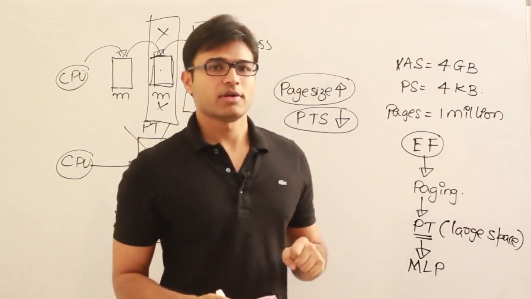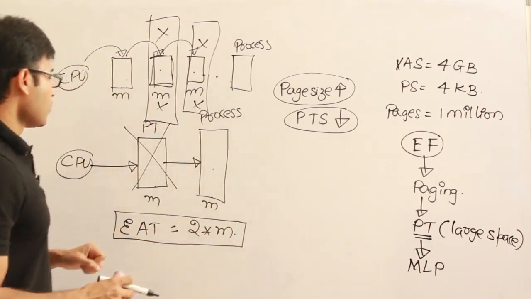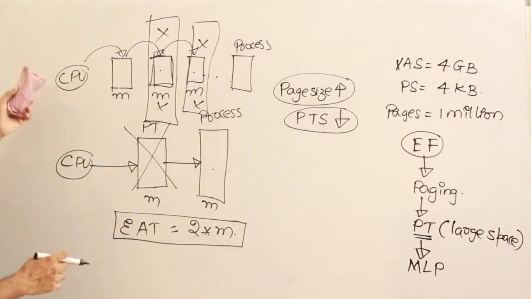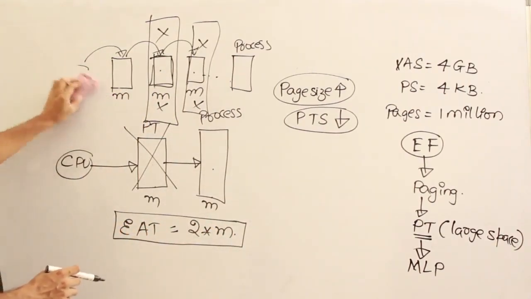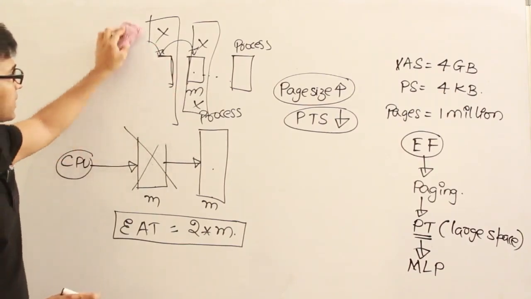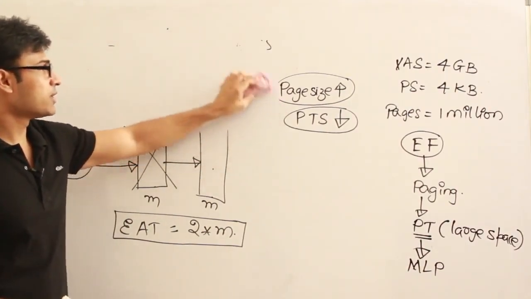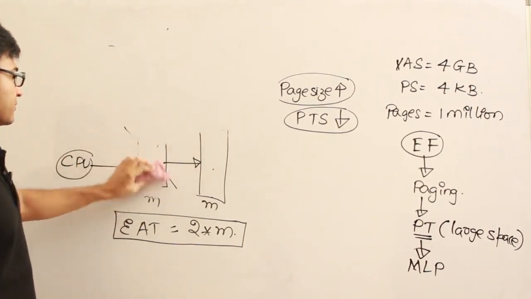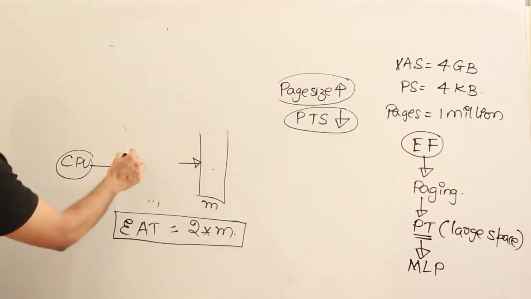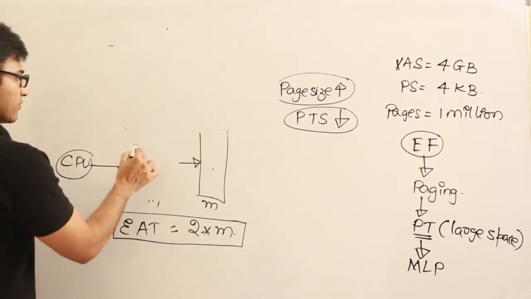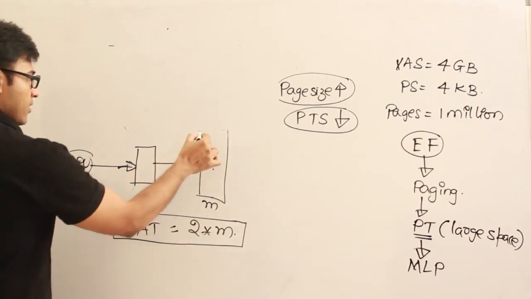Then what people thought initially is, if you want to decrease the memory access time, see, time is the major concern rather than memory. Time is the major concern here, right? Now let us assume that we have only a one-level page table, and now there is a process.